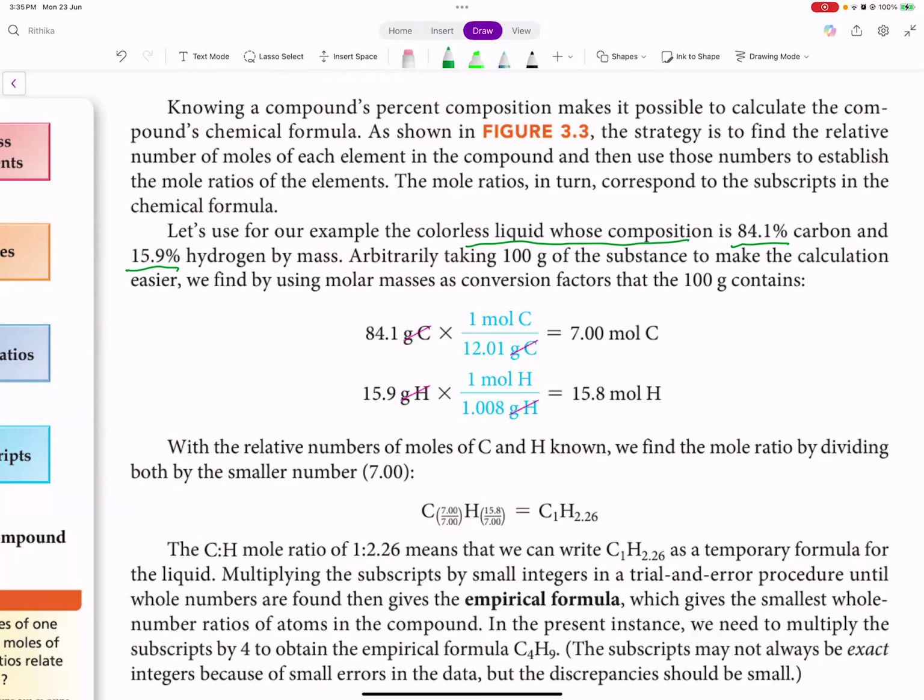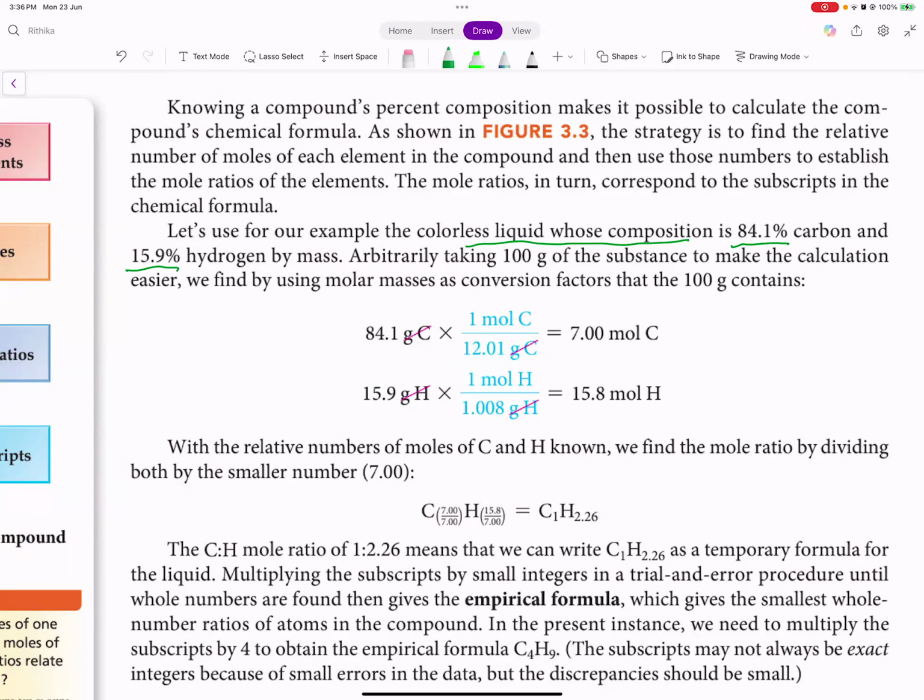So I have 84.1 gram of carbon, and I can calculate its moles, right? And 15.9 gram H.